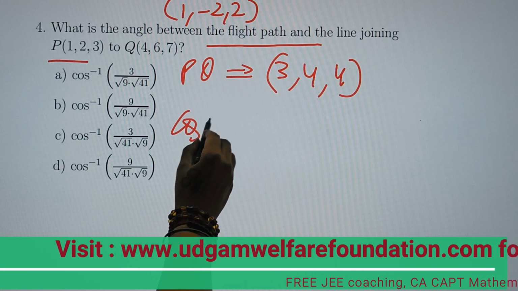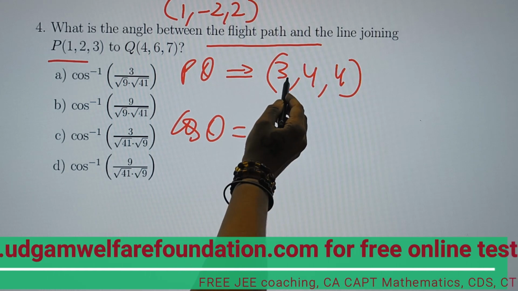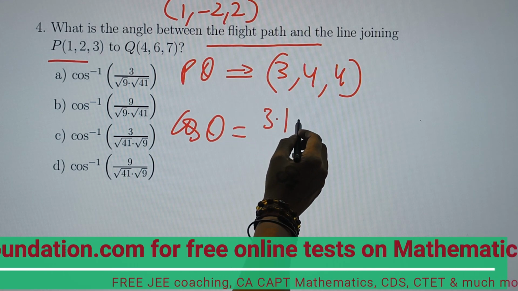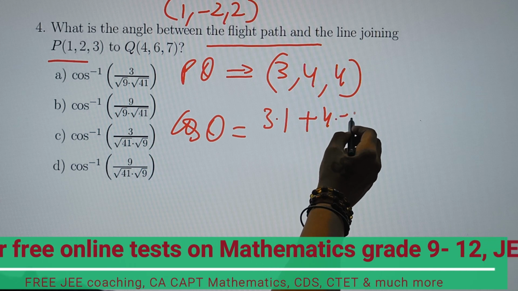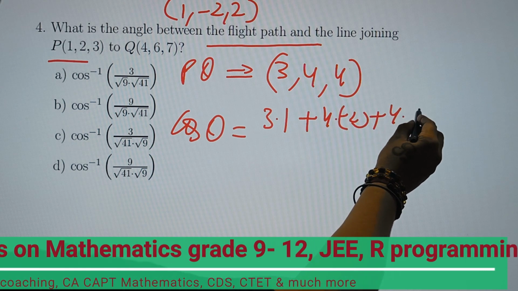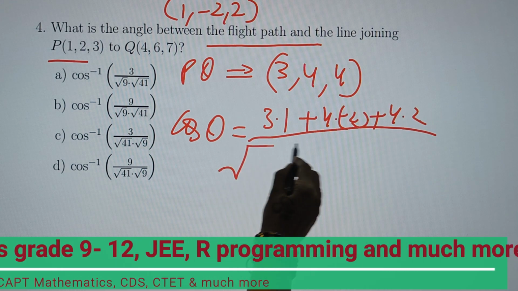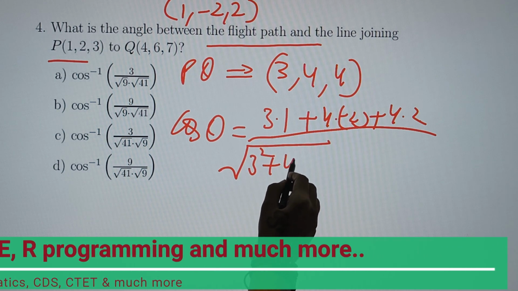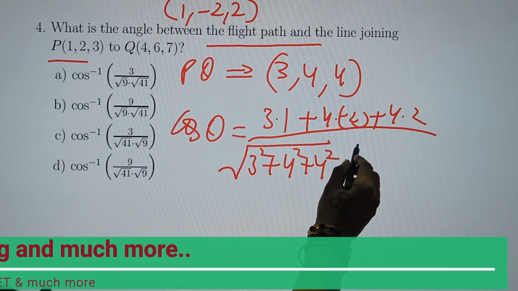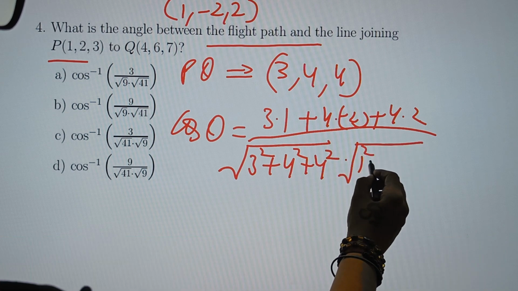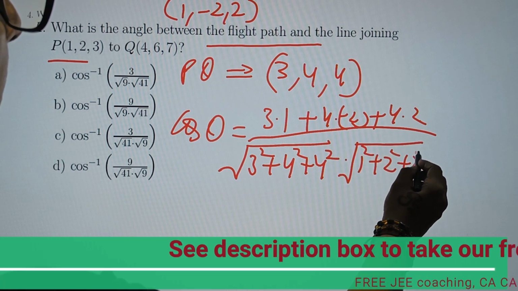Now we can simply find the angle, cos theta, which is given by 3 into 1 plus 4 into minus 2 plus 4 into 2, upon root over 3 square plus 4 square plus 4 square, into root over 1 square plus 2 square plus 2 square.